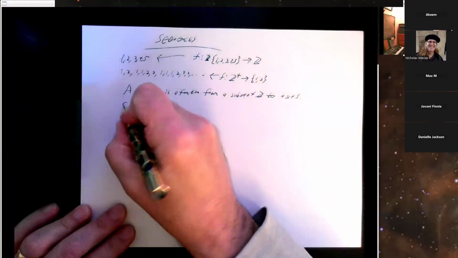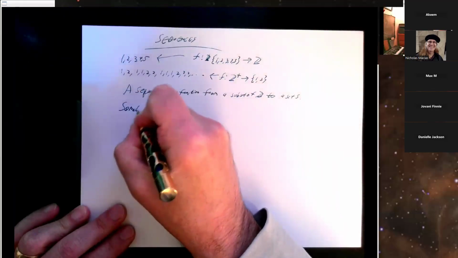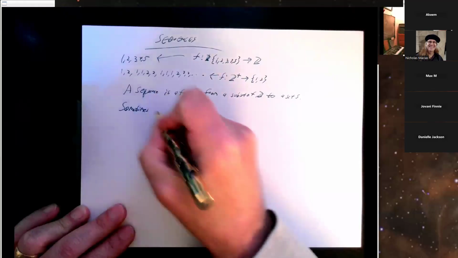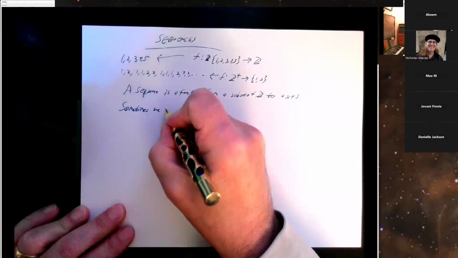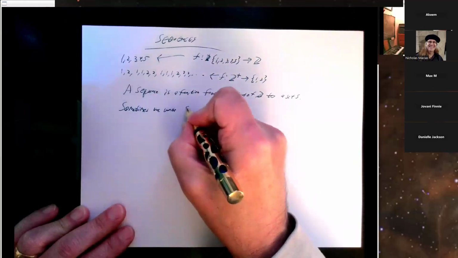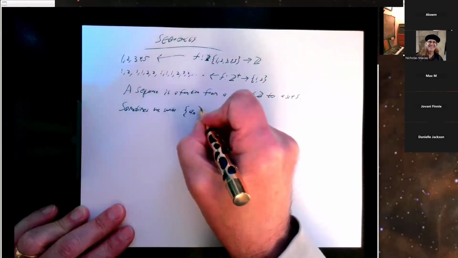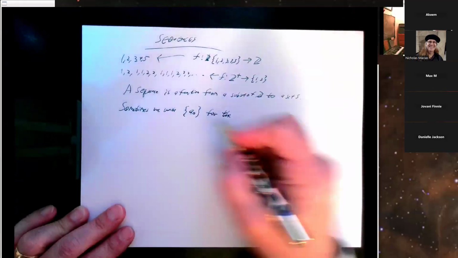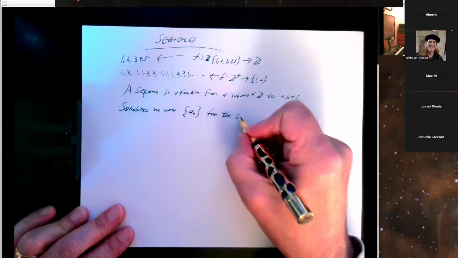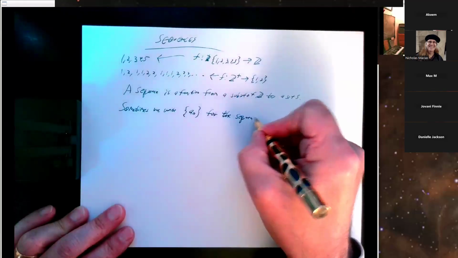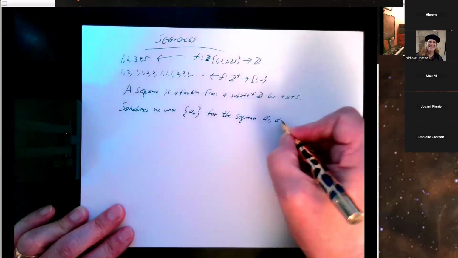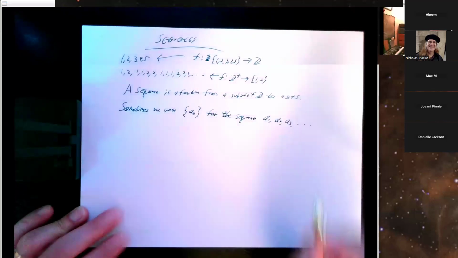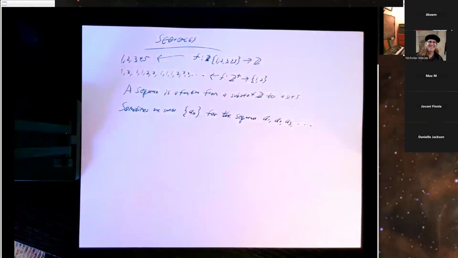And unfortunately, sometimes we use this notation of curly brackets. So we might say curly bracket a_n to mean the sequence a_1, a_2, a_3, and so on. That is not a set, though.